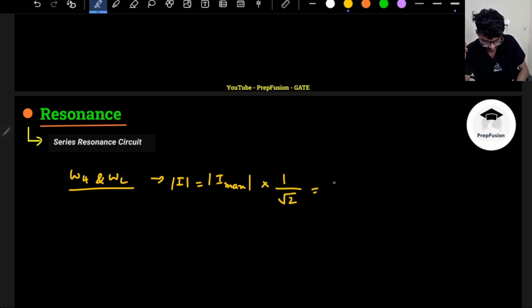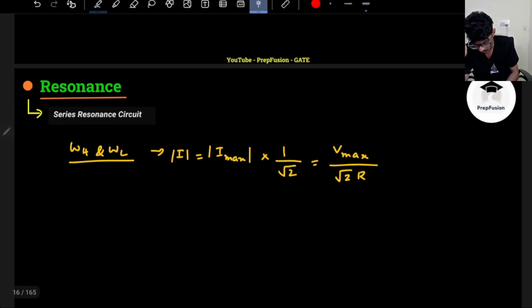So it will be Vmax divided by root 2 R. Okay, that will be my magnitude of current. So what is the magnitude of current equation actually?